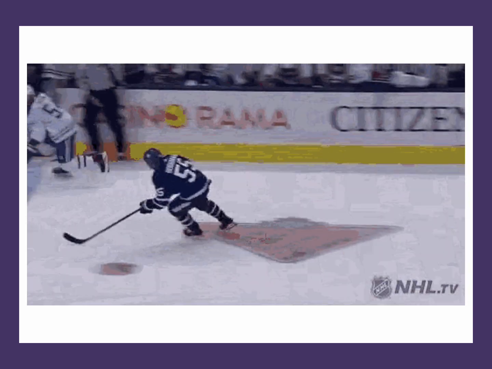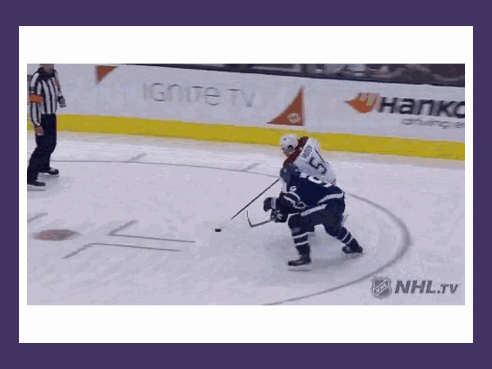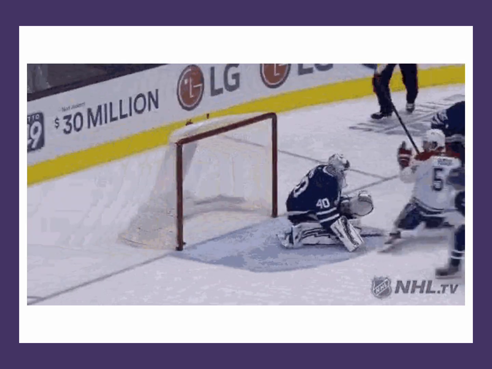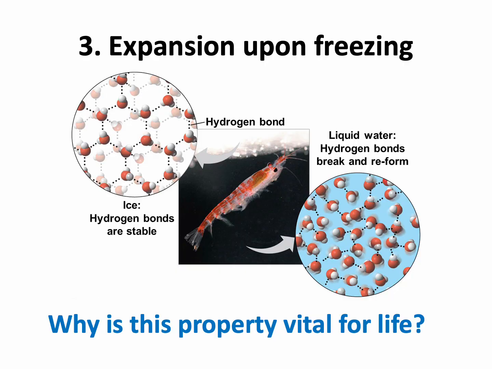So hockey is only possible because of our next property of water. And that next property is this. When water is in liquid form, those water molecules are moving around, right? Those hydrogen bonds are breaking and reforming as the water is moving around physically. But as temperature starts to decrease, the kinetic energy, the water molecules moving around, starts to slow down.